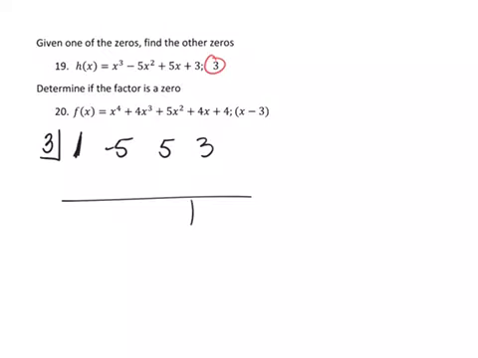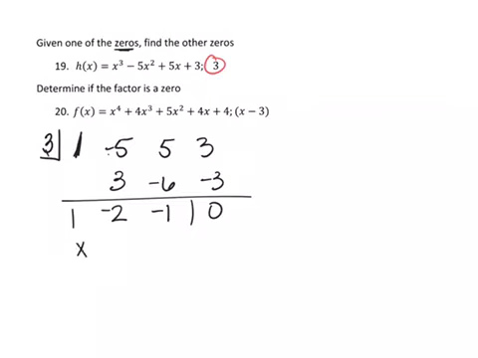So let's see, 1, bring it down, 1 times 3 is 3, -5 plus 3 is -2, -2 times 3 is -6, 5 plus -6 is -1, -1 times 3 is -3, and I got 0. This is a good thing. It tells me it's a zero. If I don't get 0, I did something wrong there.